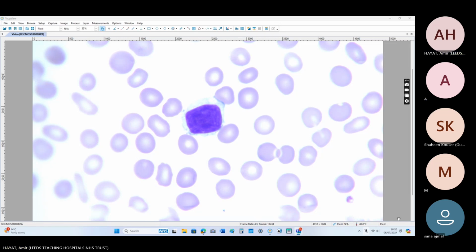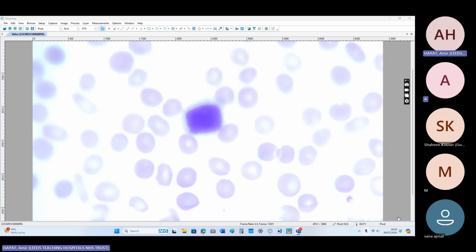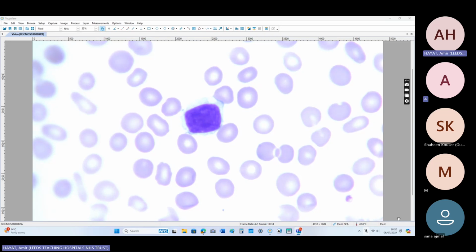Does the patient have fever? No fever. He is 62 years old with generalized lymphadenopathy, no splenomegaly, and high white cell count, and the white cell count shows lymphocytosis. White cell count is 24. Okay, so you requested flow cytometry.